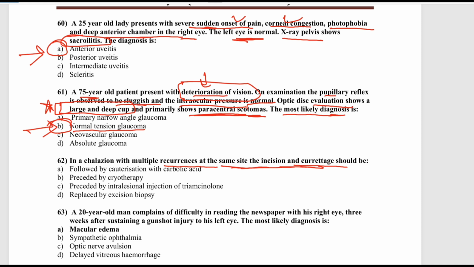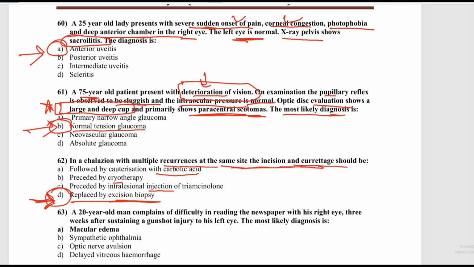The options are cauterization with carbolic acid, cryotherapy, intralesional injection of triamcinolone, or excisional biopsy. There should be an excisional biopsy to rule out malignancy. The correct option is that.